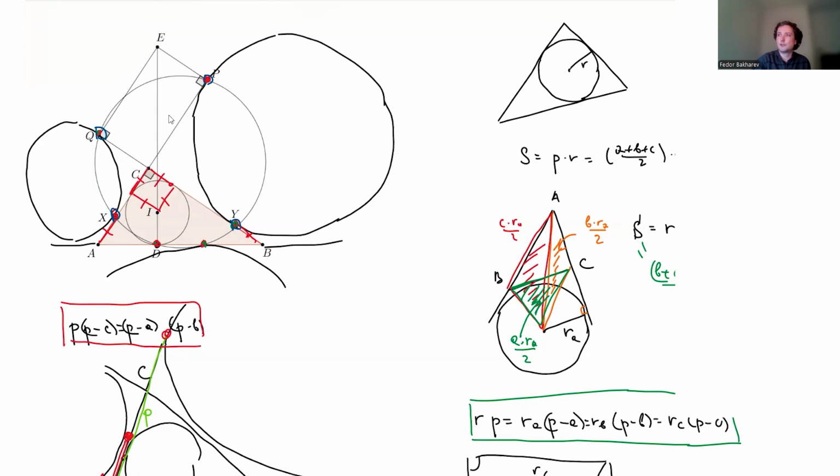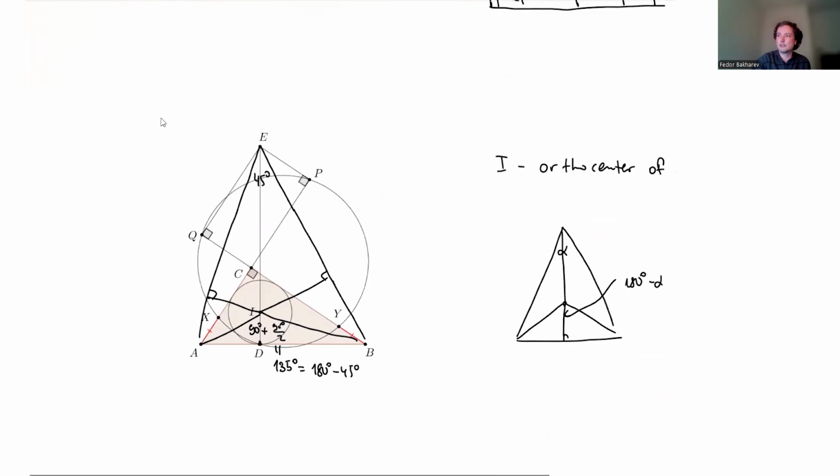And then we would just like to understand that our construction here leads to the tangency points of the excircles, and this will mean that this circle PQD is exactly the circle that we already discussed.